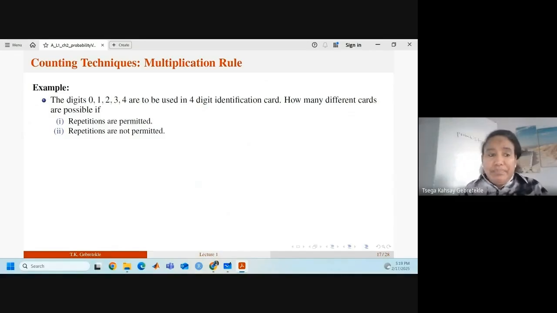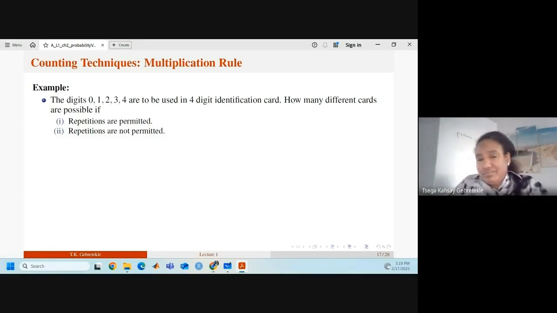For example, the digits 0, 1, 2, 3, 4 are to be used in a 4-digit identification card. How many different cards are possible if repetition is allowed? In an ID card, we know the ID has to be unique, but we are just assuming here.